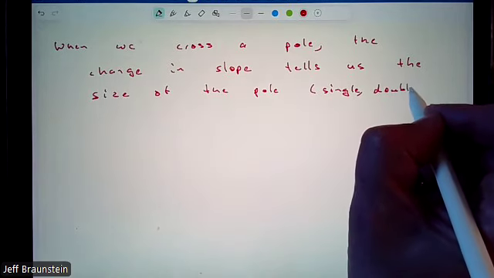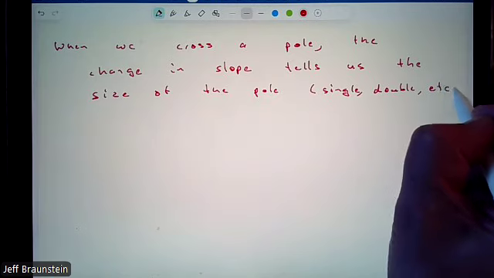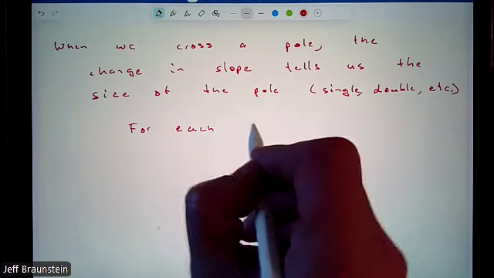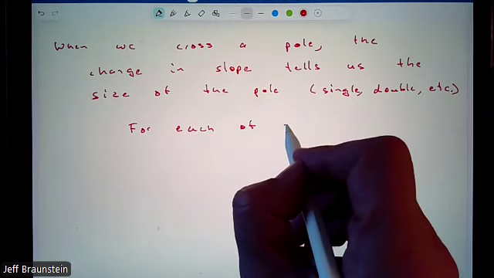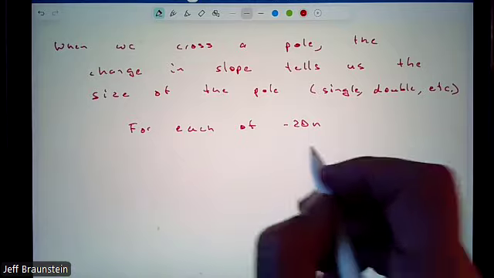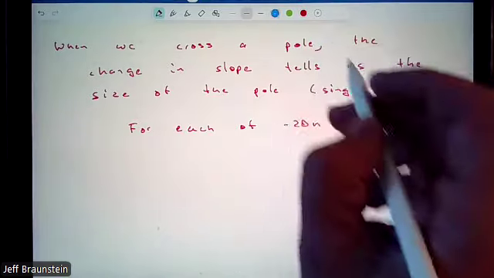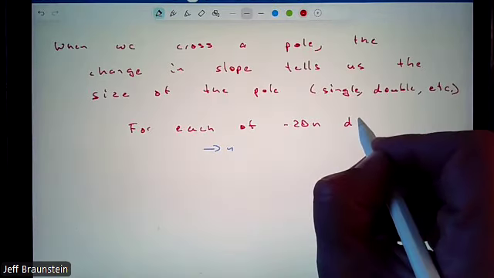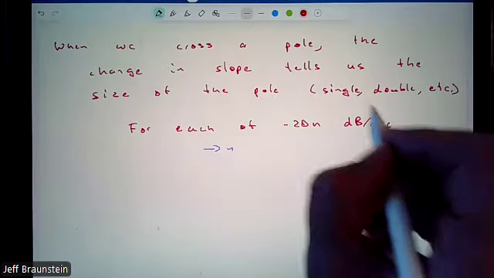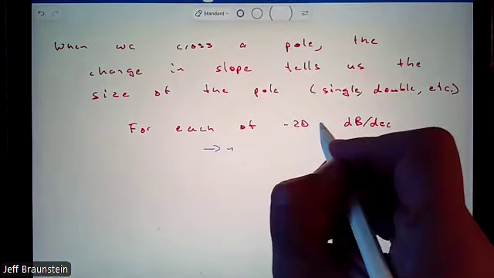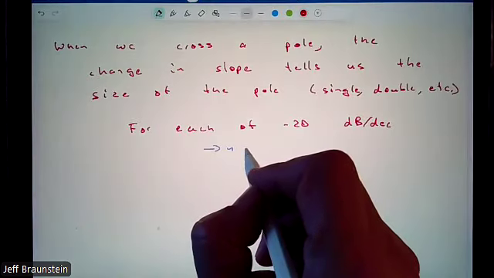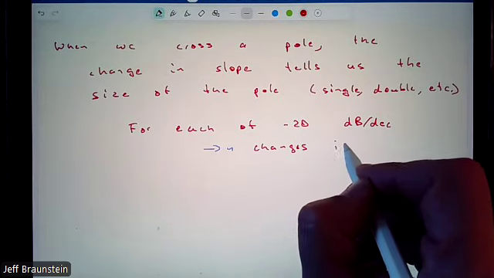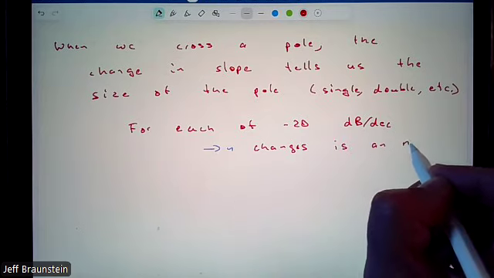For each change of minus 20n, so then n, I should be more specific, minus 20n dB per decade for each change of just 20 dB per decade, n changes is an n pole.